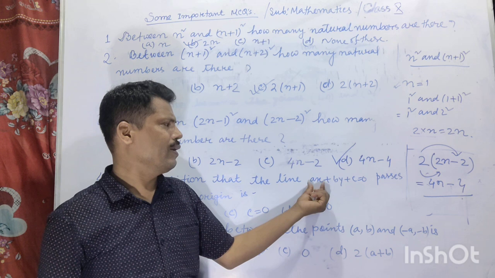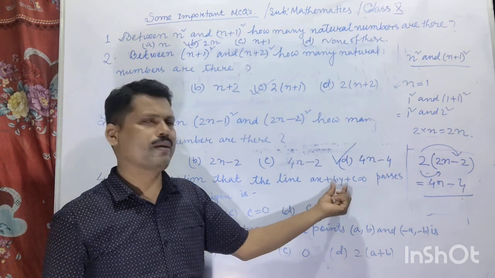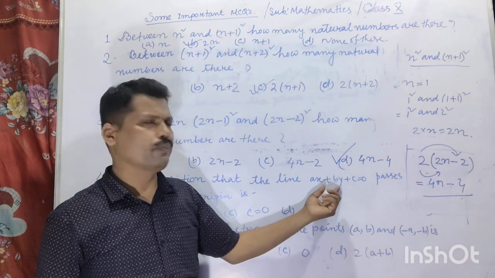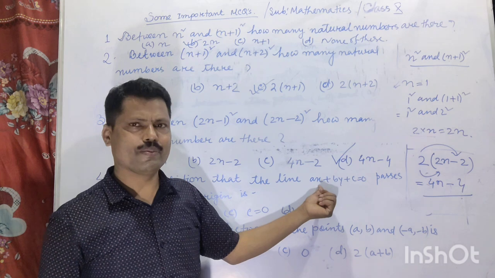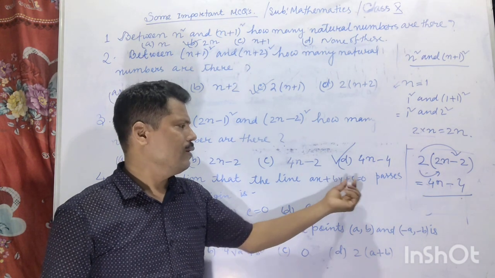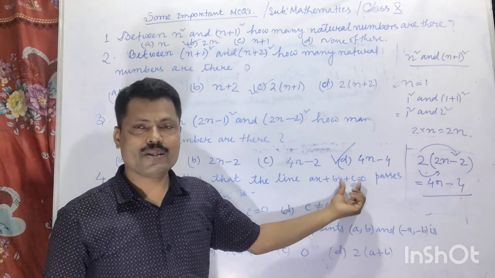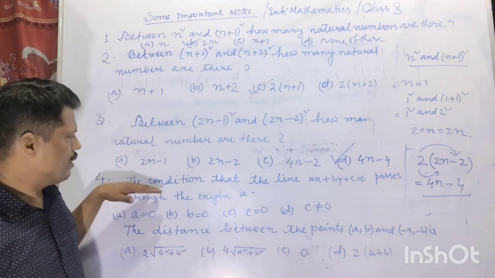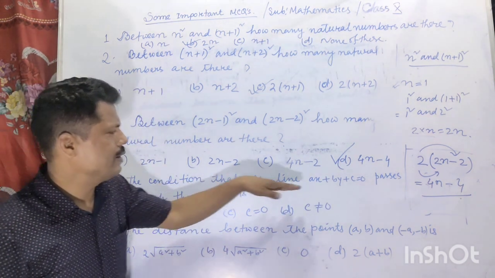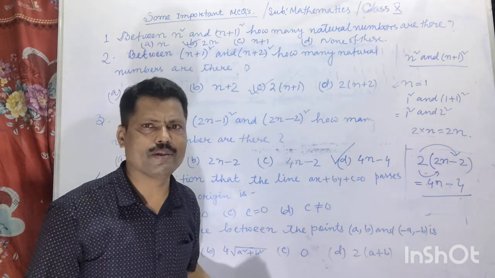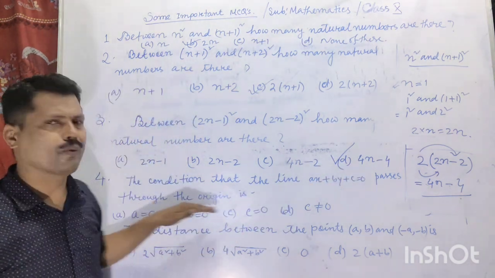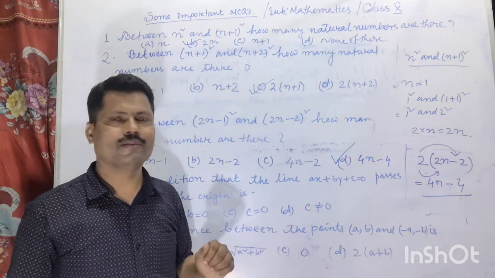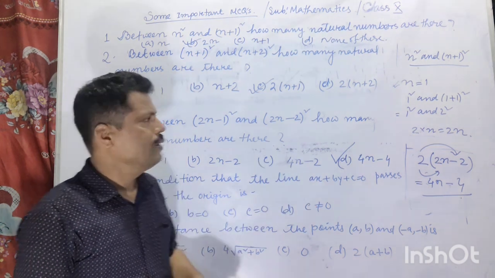If we put the x value we get the y value, and if we put the y value we get the x value. So the condition is that the constant value is 0, that is c equals 0. Then the line ax plus by plus c equals 0 passes through the origin. Let us see, taking one example.